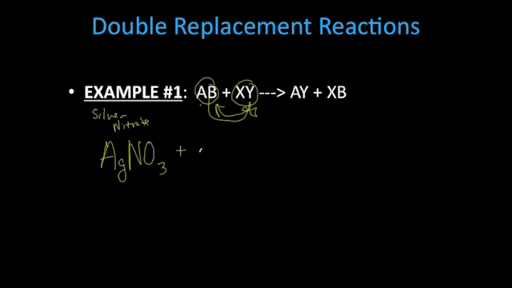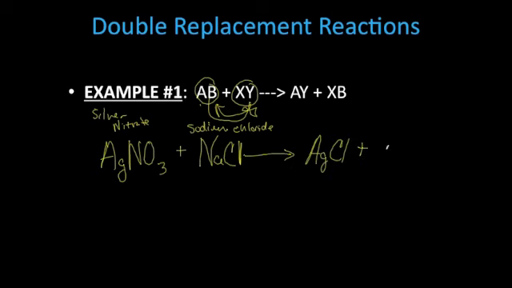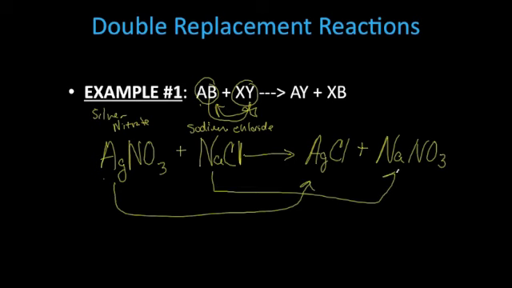When that reacts with what we know as salt, sodium chloride, it yields silver chloride and sodium nitrate. The silver switched and became silver chloride, and the sodium switched and became sodium nitrate. All right, so then you have silver chloride and sodium nitrate. And that's the double replacement aspect of this reaction.